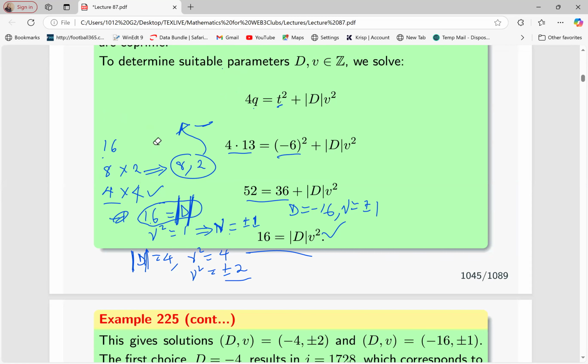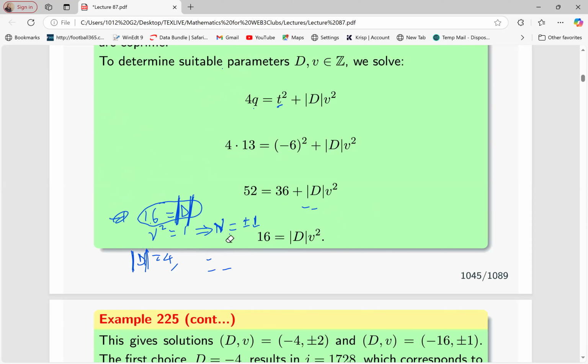And this is the second step, because the first step was just choosing your field and declaring how many points you want. So for this question, we declared we want 20 points, and the field we want is F13. And so we calculated T, and then we've now found D, where T was the trace and D is the discriminant.